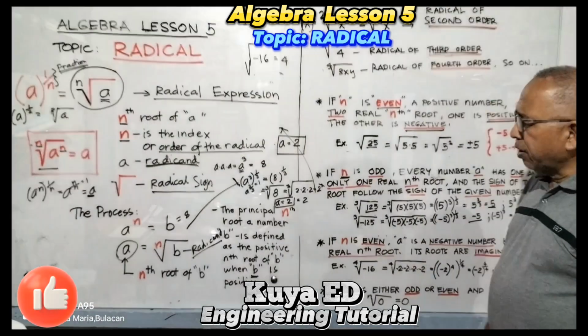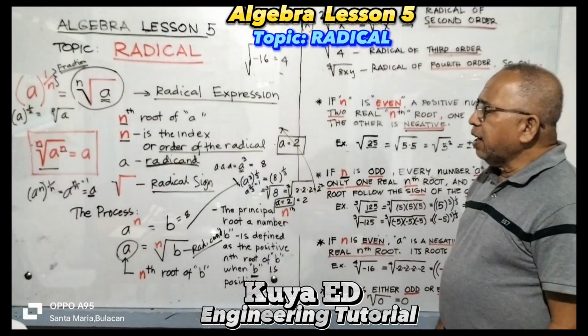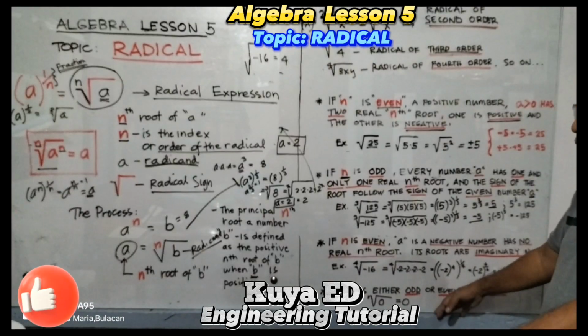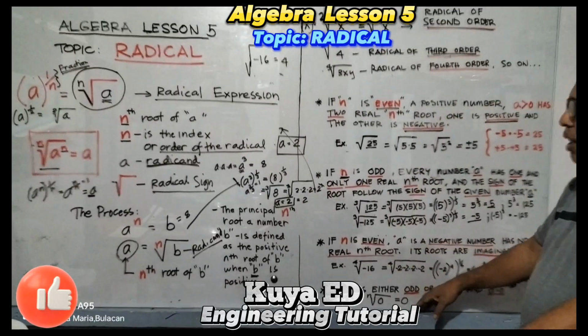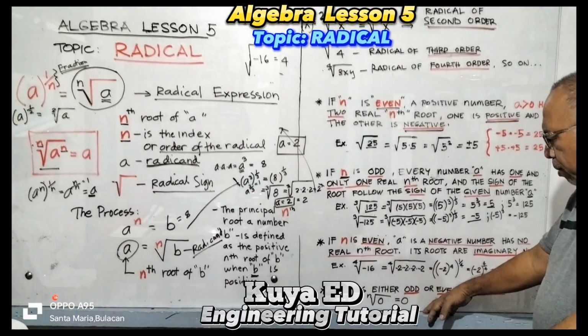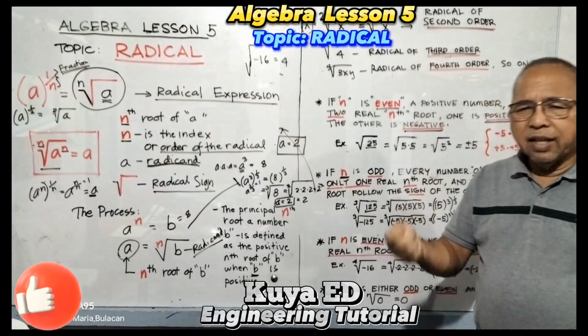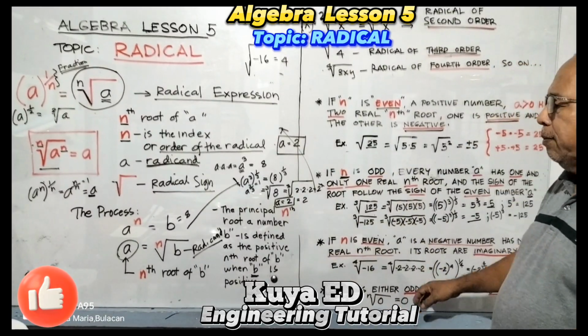No? So, ito po, foundational, as I said, ang ating lesson 5, radical, and we are actually discussing its principle and rules. So, ingatan lang natin ito, intindihin natin mabuti, at kung hindi maintindihan sa unang bugso, tingnan uli hanggang sa maunawaan.